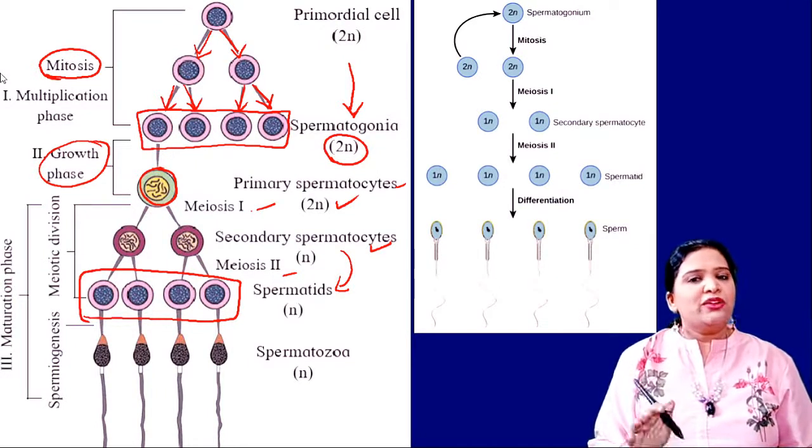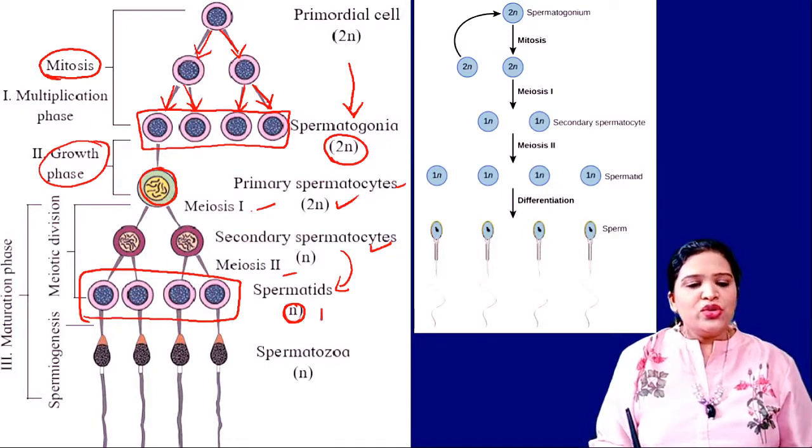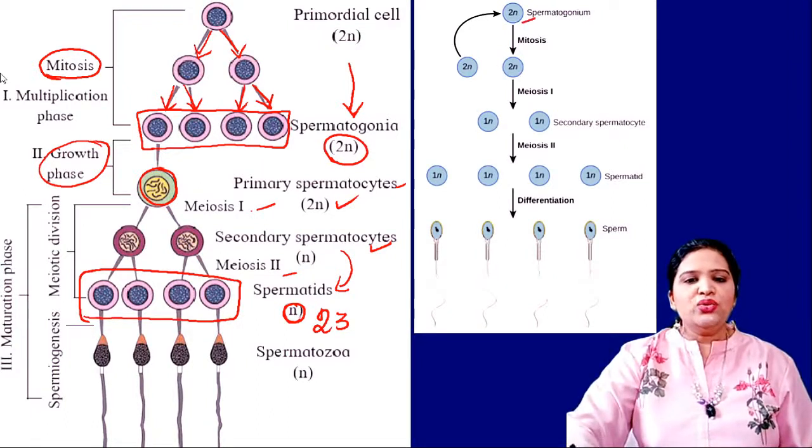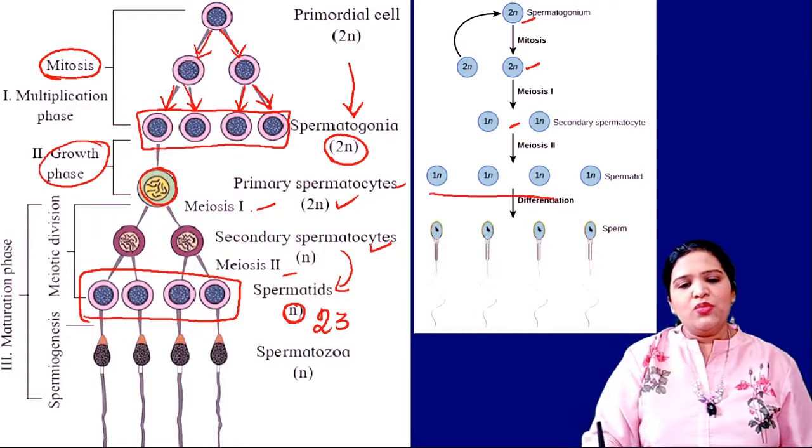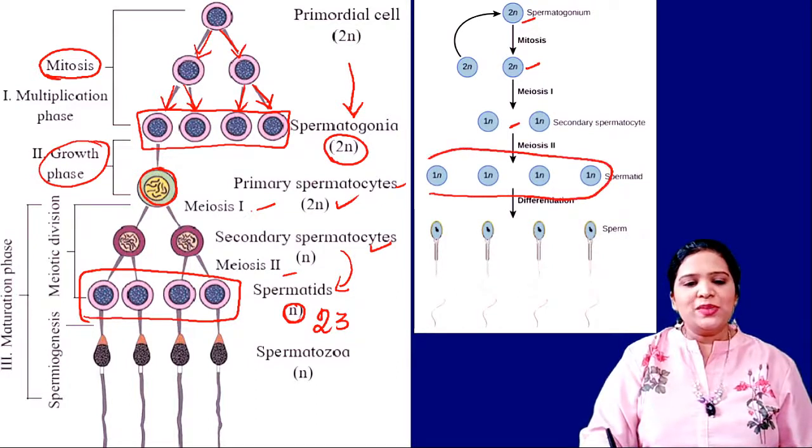Okay, spermatid formation is the end of the third phase. At the end of this third phase, maturation, the chromosome number will be half, 23 chromosomes. You could see here 2n, after mitosis becomes 2n, and in the primary spermatocytes, after first meiotic and second meiotic, they become 1n. Okay, so this is the spermatid.